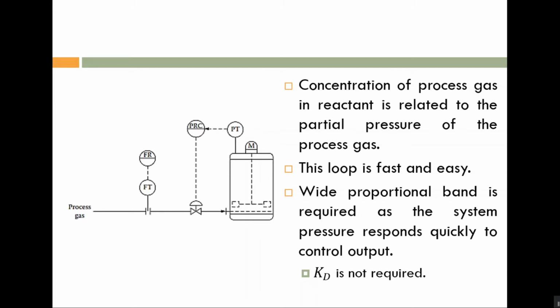The second thing is, the speed of response is quick. The manipulated variable is quickly responding to the control signal, and with respect to the manipulated variable, the controlled variable is also quickly responding. So the Kp value required here is comparatively small. Kp value is small means the proportional band required is large.